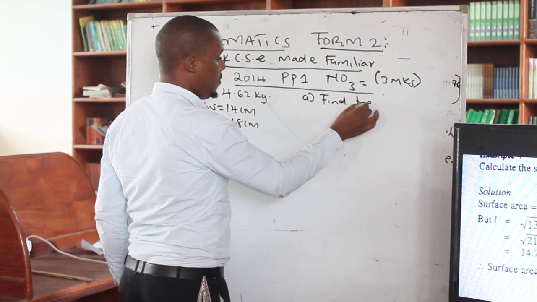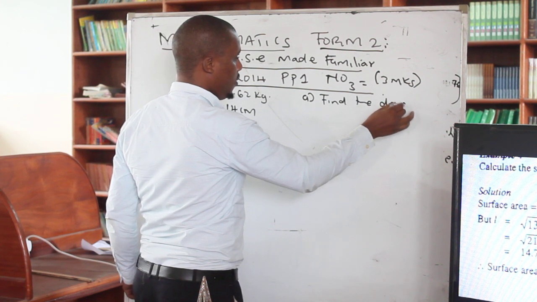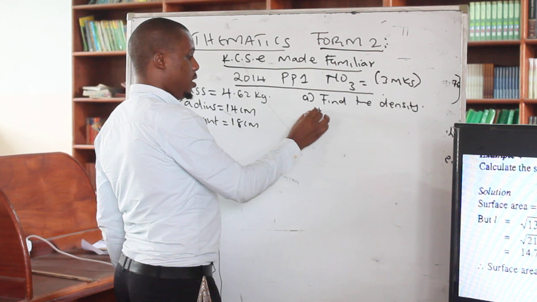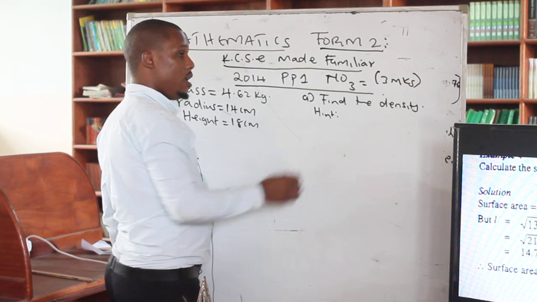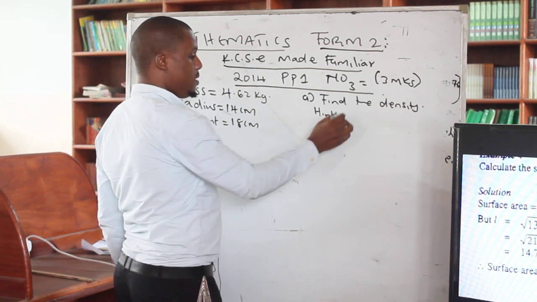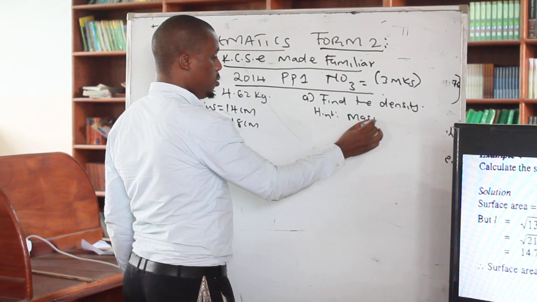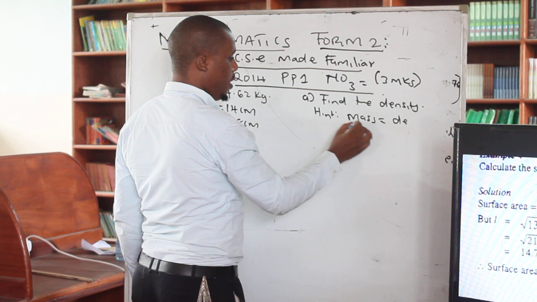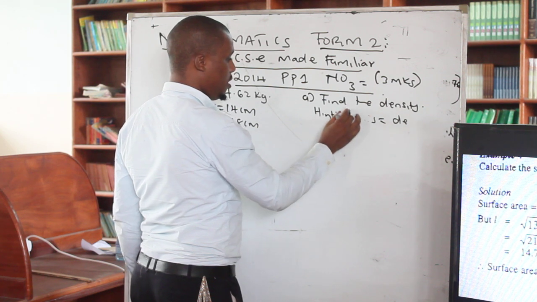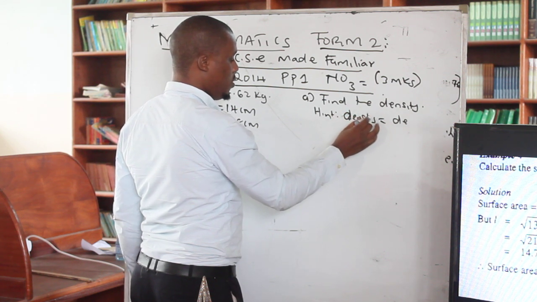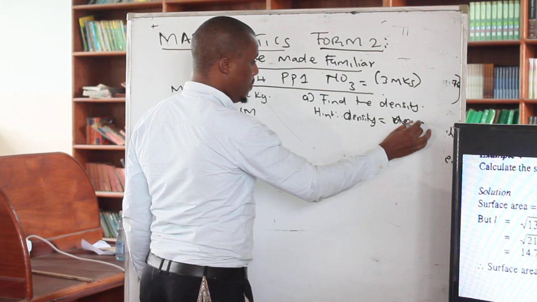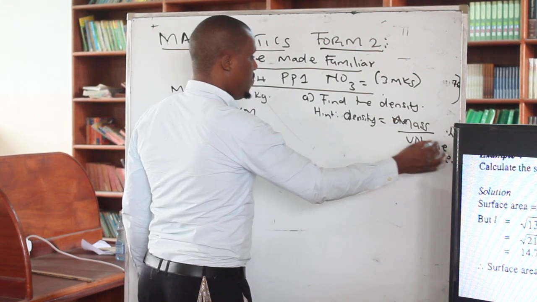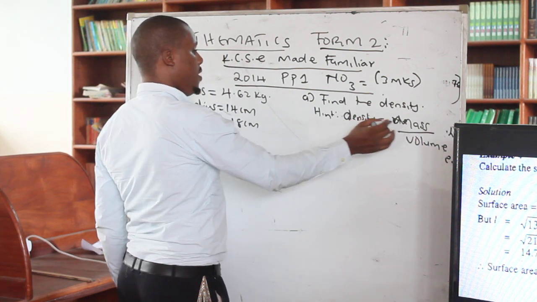I will talk about this in the next chapter, but the hint given is that density is equal to mass over volume.